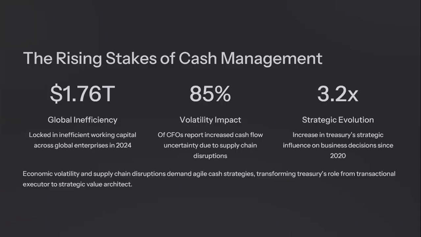And if I find a need of working capital, in the last 2 years it has grown up to $1.76 trillion on a global level. So the need of cash management is under effective observance and has greater importance as we are progressing further.